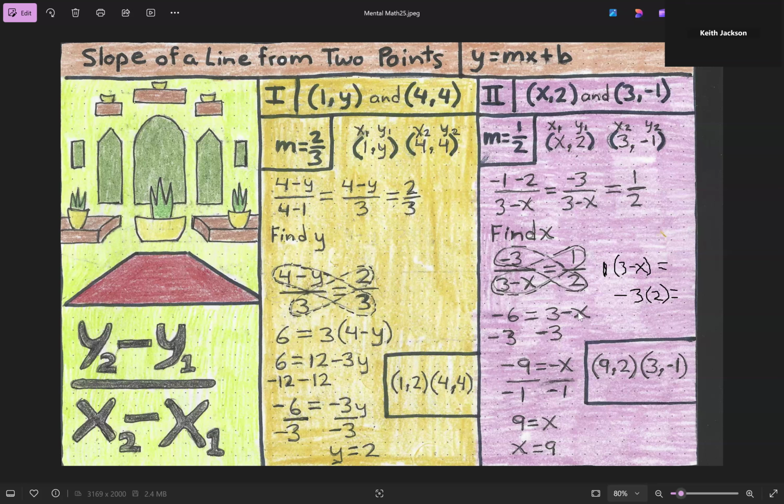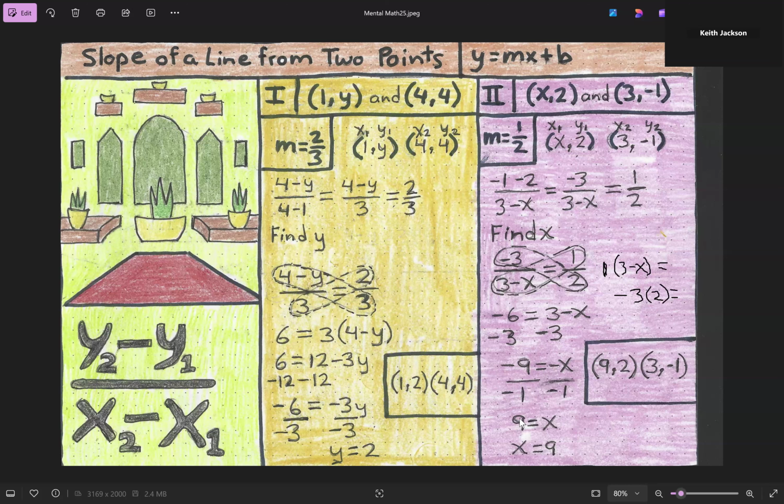And now we're going to do our algebra to isolate x, and we're going to do that by subtracting 3 from both sides. And so when we do that, these 3's cancel out here, and a negative 6 plus a negative 3 will give us a negative 9. And so now in this case, we have a negative 9 is equal to a negative x. And all we have to do to make x positive, we're going to divide both sides of the equation by a negative 1.